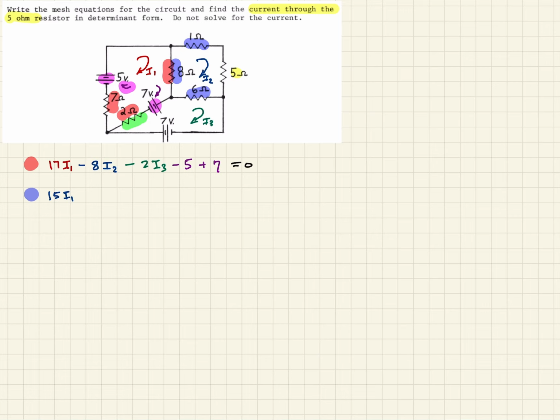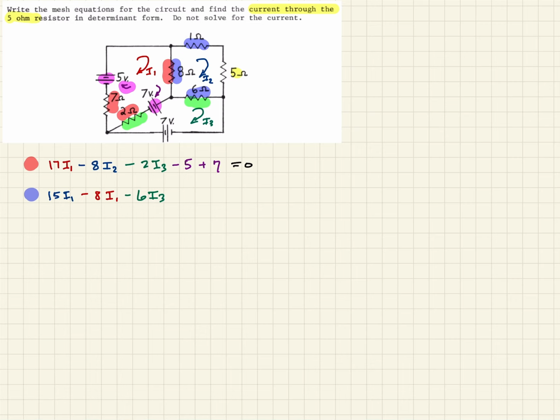But we already know the 8 ohm is affiliated with I1, in the wrong direction, against our flow, so it's going to be minus 8 I1. And likewise, the 6 ohm has I3 going through it in the opposite direction, so that's going to be minus 6 I3.